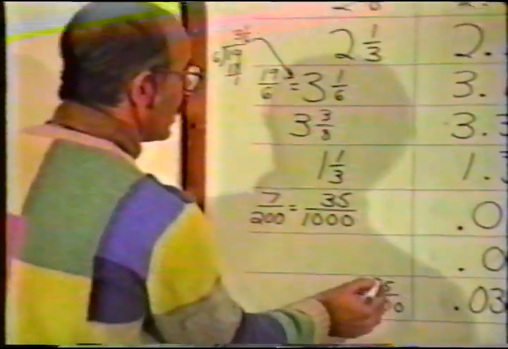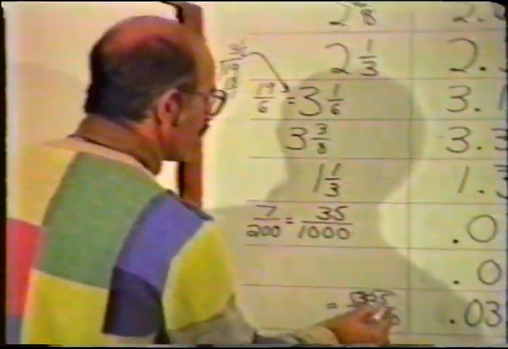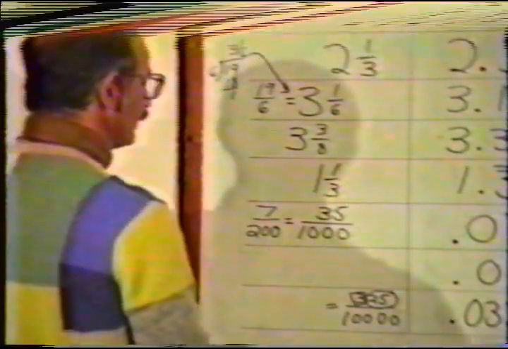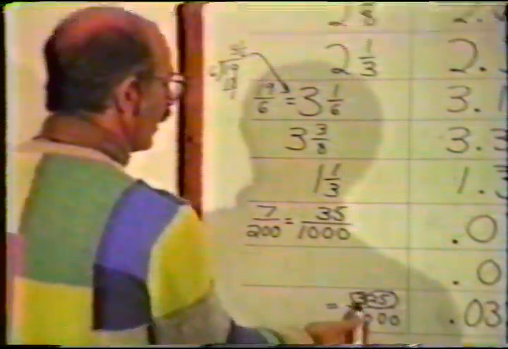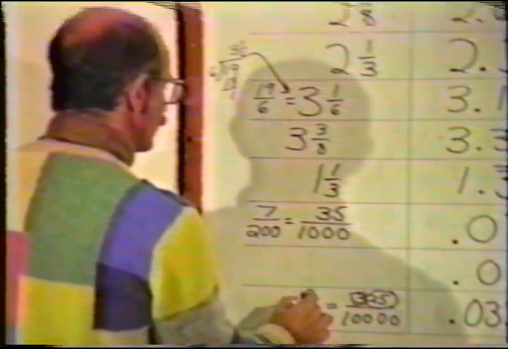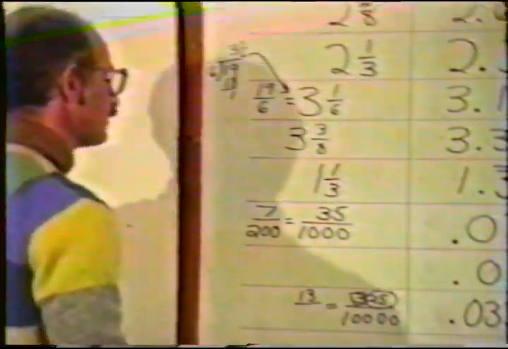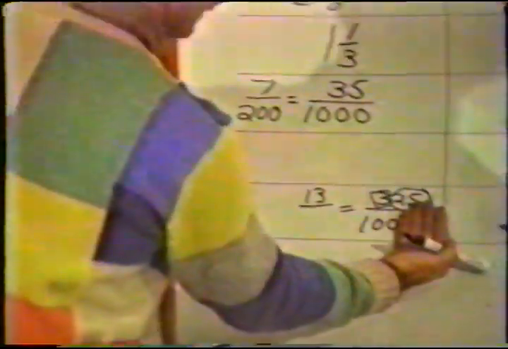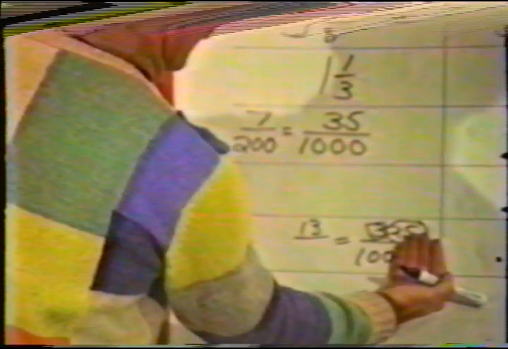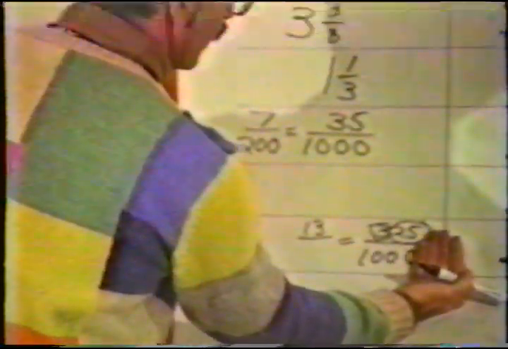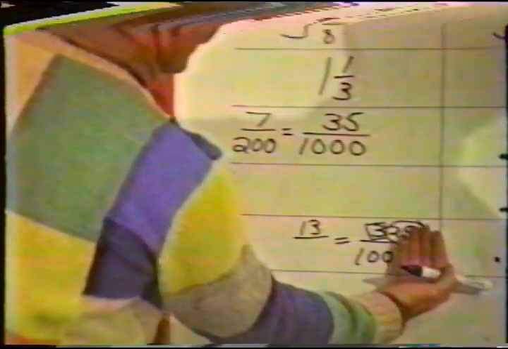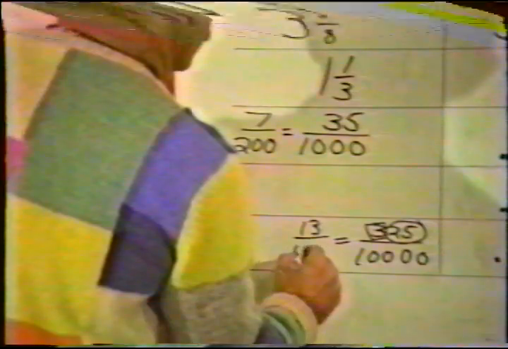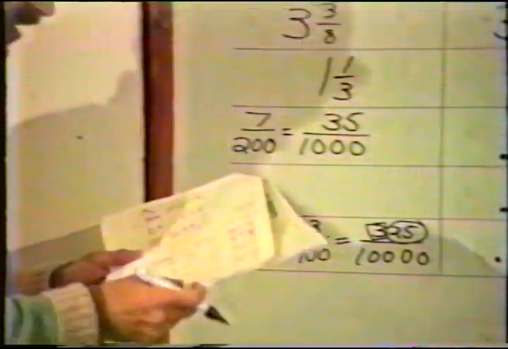And how many 25s in this 25 right here? 1. So how many altogether? 13. The 12 plus the 1 is 13. How many 25s in 100? 4. How many in that? 40. And that? 400. So we have 13 400ths.